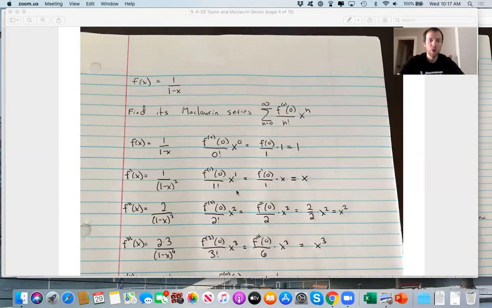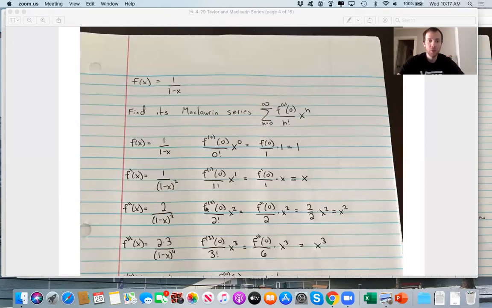For the n equals 1 term, we want the first derivative at 0 divided by 1 factorial times x to the 1. So f prime of 0 divided by 1 times x. Now we again have to actually look at the derivative. And if we put in 0, we get 1 again. So the n equals 1 term is x.